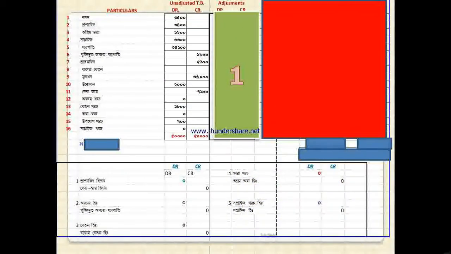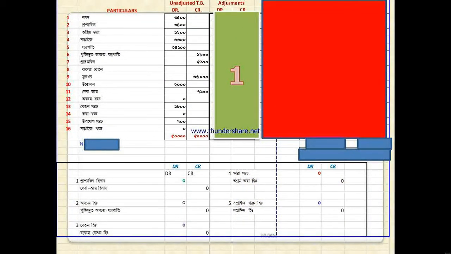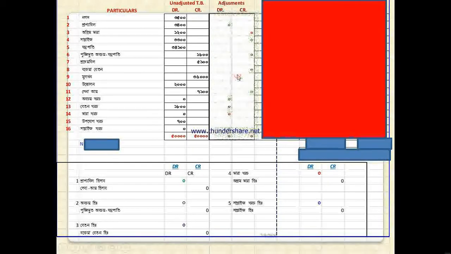Now it is time to apply these adjustments in practice. So we have to fill up these items. It is an unadjusted trial balance that was given to you on the question paper, and there is a box for adjustment here, debit and credit.